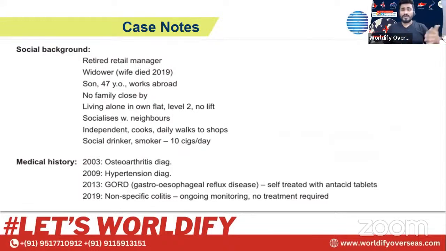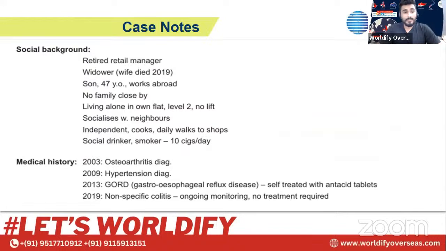The recipient would have no benefit from knowing that he cooks or walks, or that he's a drinker or a smoker. That has nothing to do with his care, because this does not concern the community nurse or the nursing home.